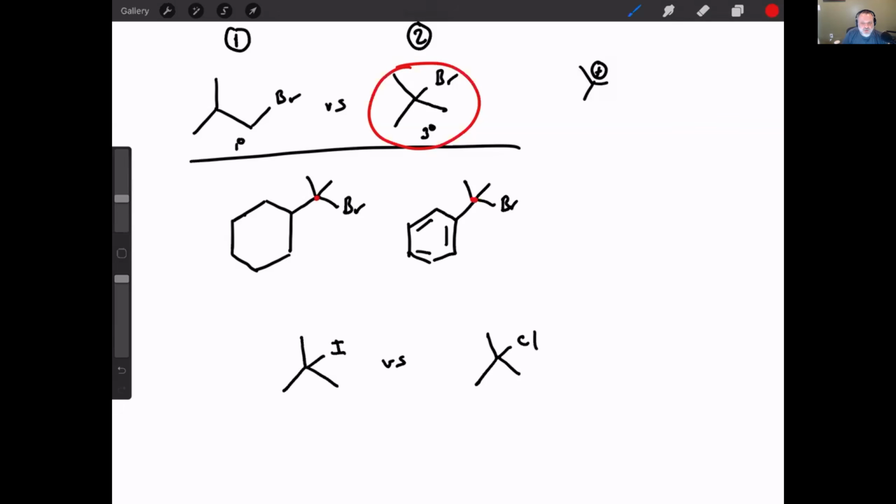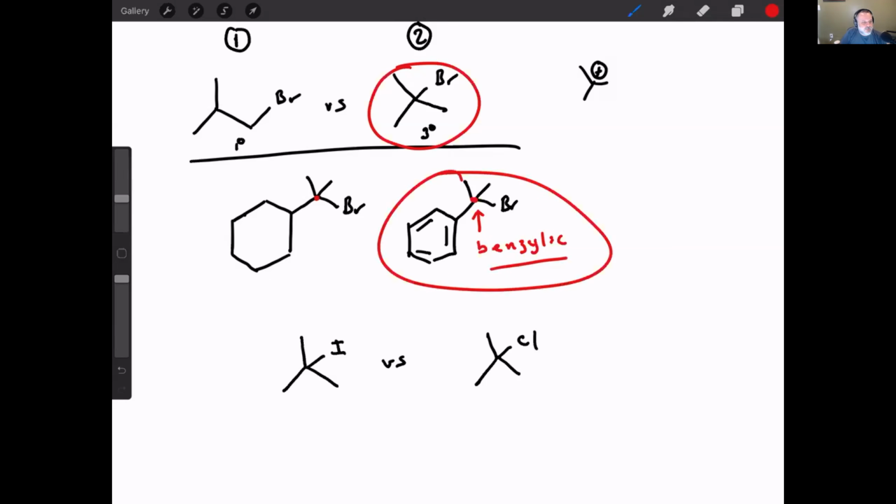But what's going on with number 2? Number 2 is in this position, even though it's tertiary, it's one carbon outside of a benzene ring, and that word is benzylic. It's a benzylic substrate, so it's this one that'll react faster, and the reason is because the resulting carbocation will be resonance stabilized.